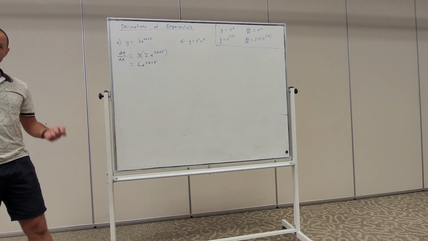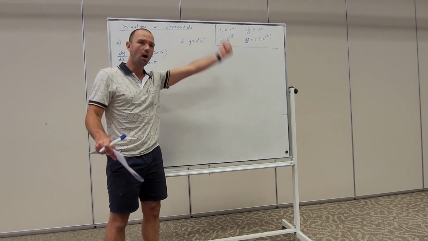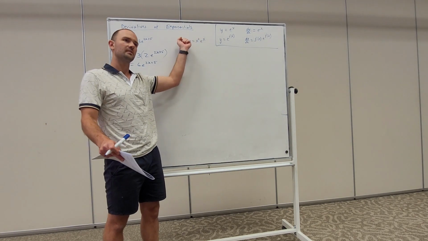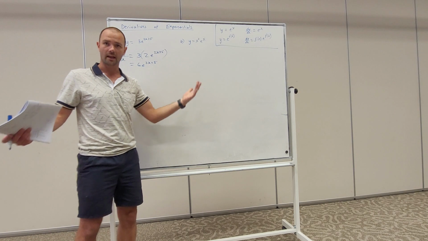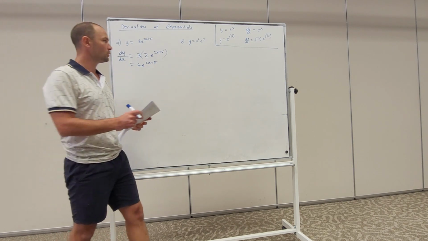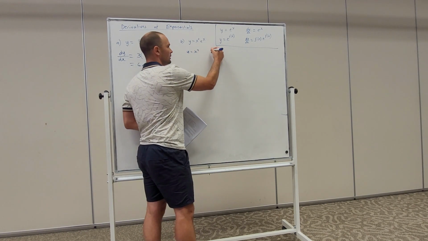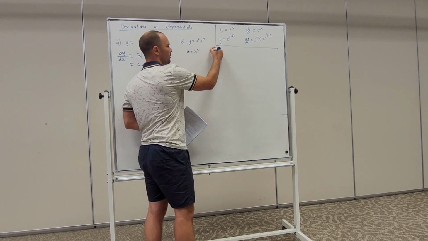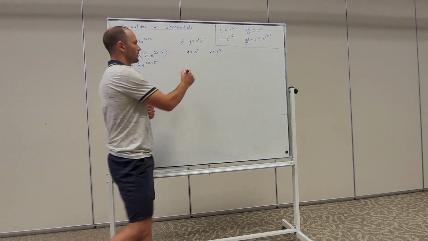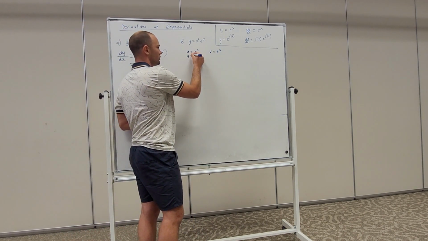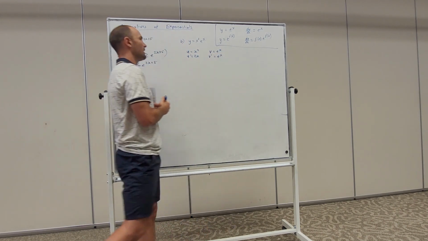Looking at B, we have x squared times e to the x. Oh, they're a product. We're multiplying them. How do we differentiate a product? We use the product rule. So we identify u, the first multiple, and v, the second multiple. u dash will be 2x. v dash will be e to the x.